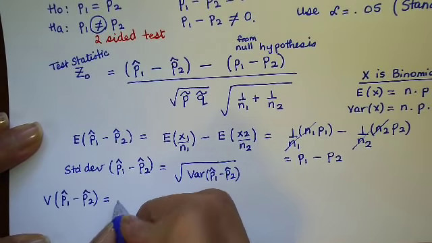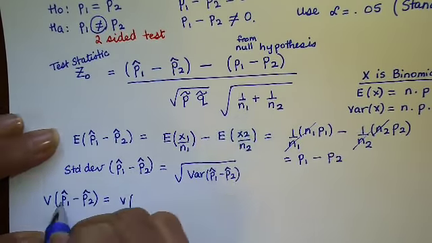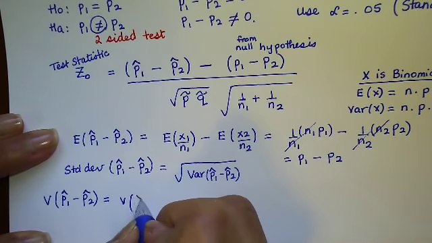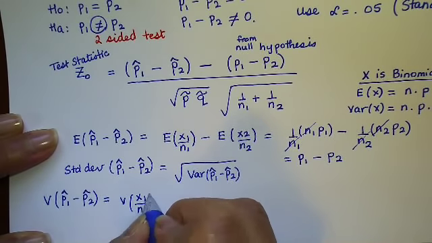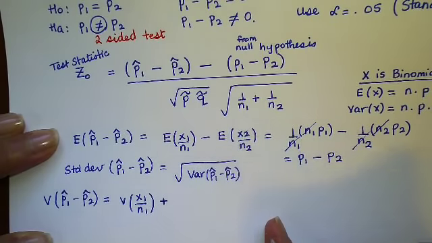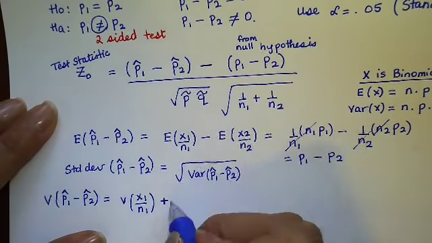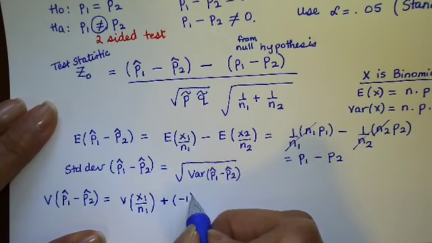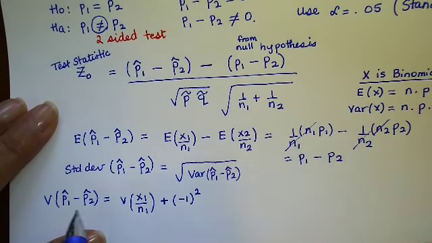So variance of p1 hat minus p2 hat is equal to the variance of p1 hat. P1 hat, of course, is x1 over n1 plus negative 1 squared.